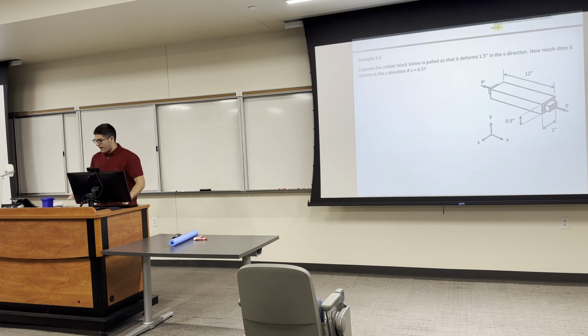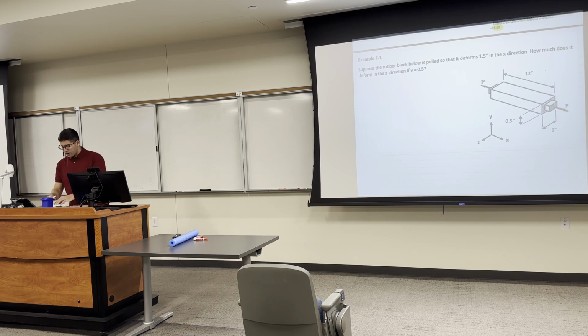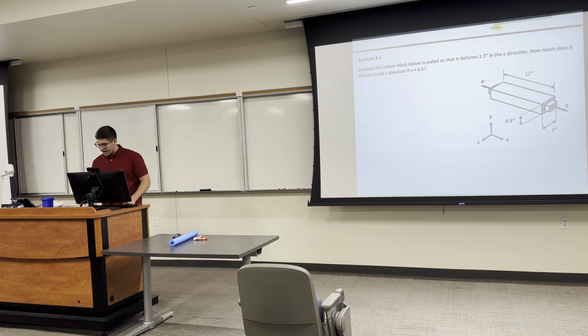So in the booklet, we have this example, and this is the last thing. So I had a bar with a length of 12, width of 1 inch, and a thickness of 0.5 inch. And the question told you that this rubber block is pulled so that it deforms by 1.5 inch in the x direction.